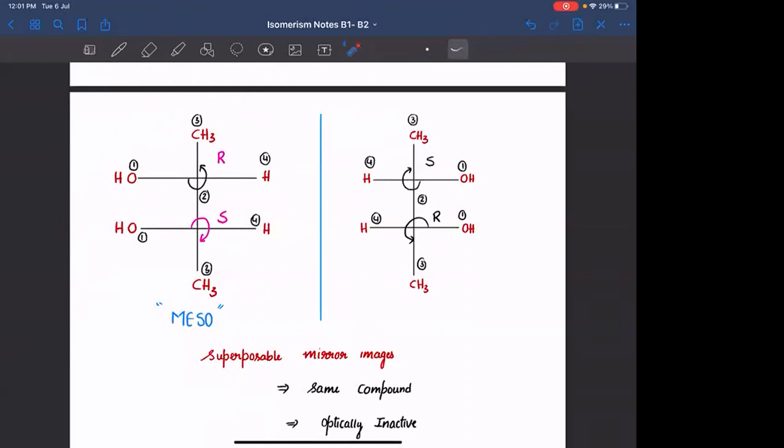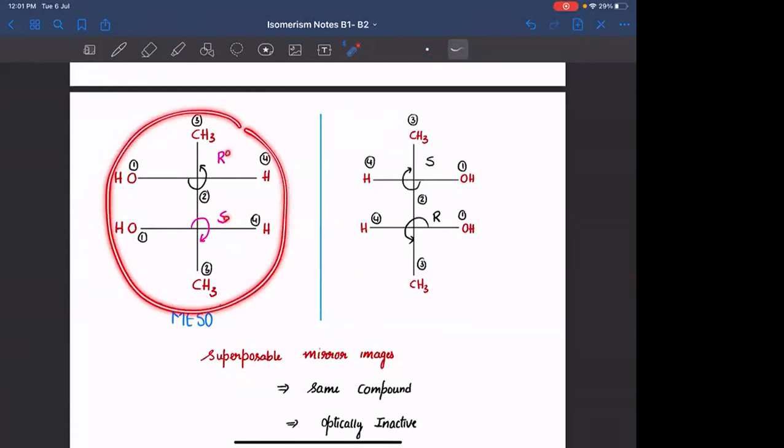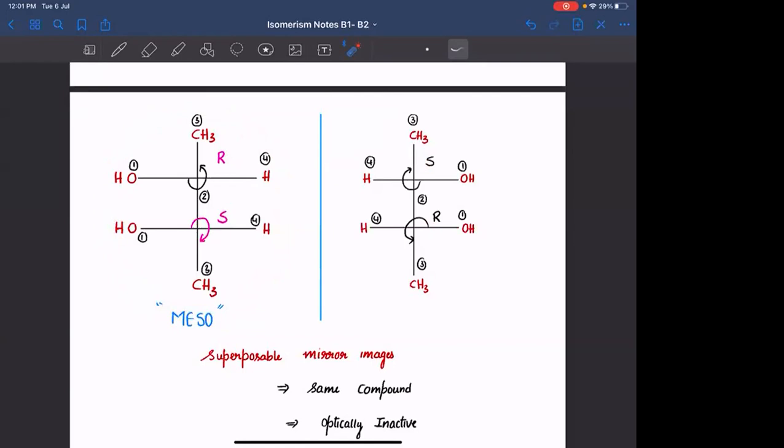Just like in geometrical isomers. Clear to everyone. Okay, good.